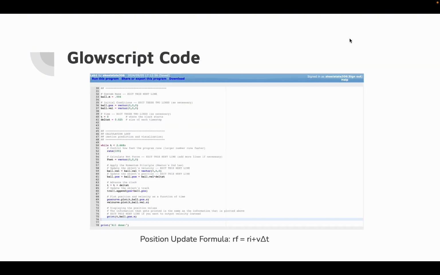After recording the video, I created a computational graph first using GlowScript code, and I started off by entering the mass of the chapstick, which was 0.004 kilograms, and then I entered the initial position and velocity, both of which were 0.